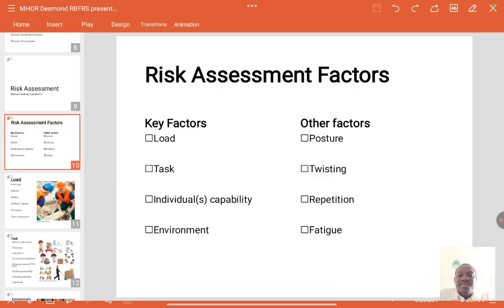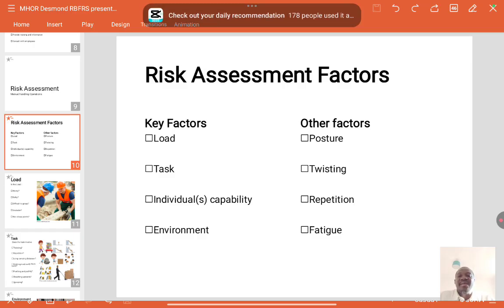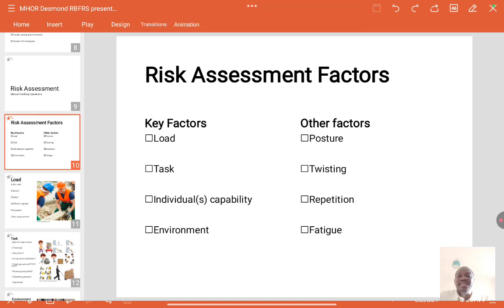So usually we say TILE, that is T for task, I for individual capability, L for the load, and E for environment. So this is basically the acronym that we use to remember these factors.